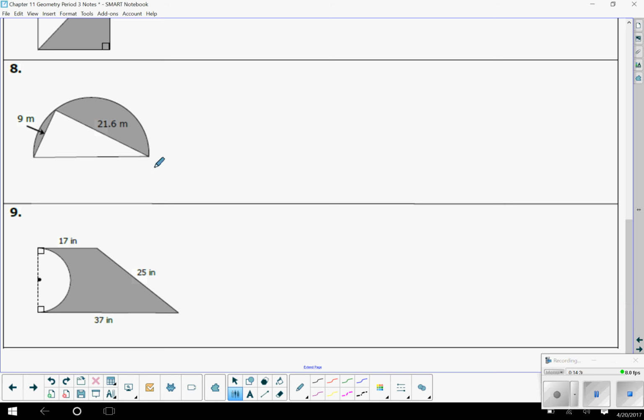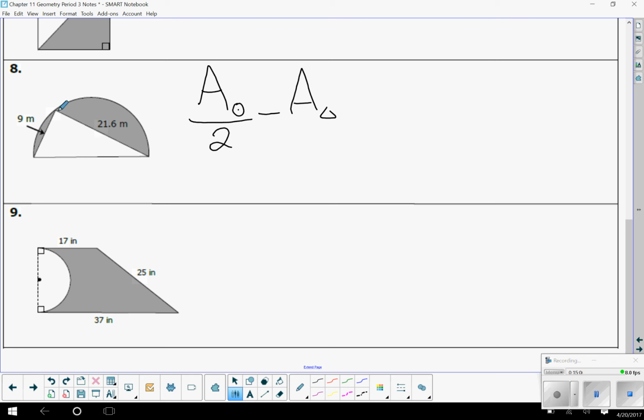This one right here, no matter what you do, you have to take half of the circle. So you're going to do the area of a circle, but you're going to take half of it. And then you're going to subtract out the area of the triangle. Because it's only half, it's a semicircle. Now, with this one, do we have the height of the triangle? No, we don't.